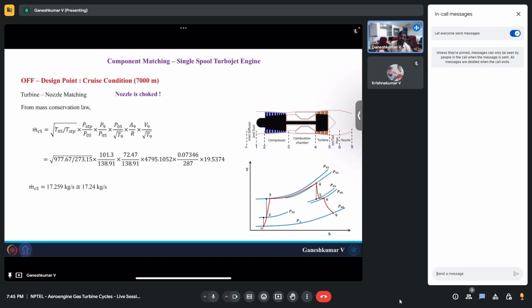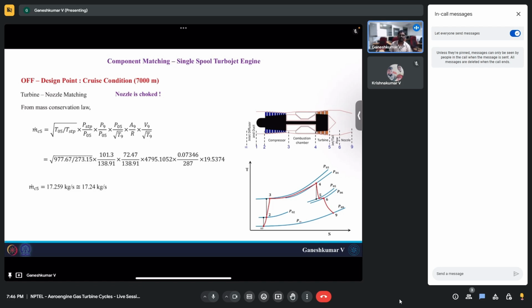And you should note that previously, from matching the gas generator with the inlet, the mass flow rate came out to be 17.24 kg per second. Now you can see in the nozzle it is coming out to be 17.259 kilograms per second. So these two are not really equal, but for the sake of simplicity, you can say these are equal.